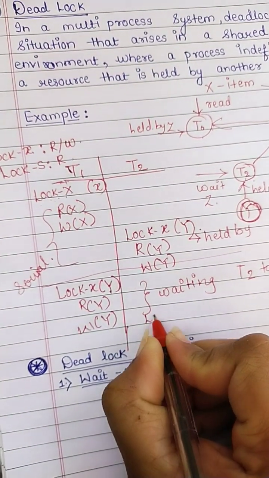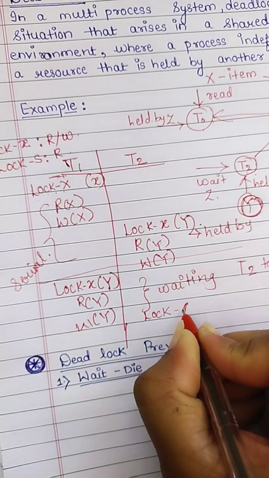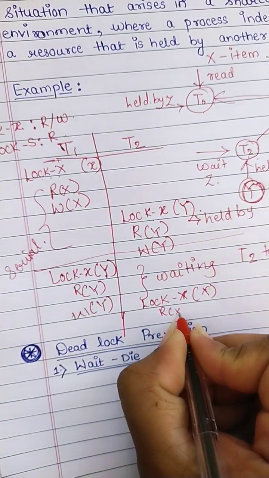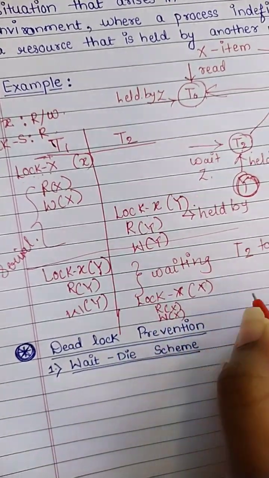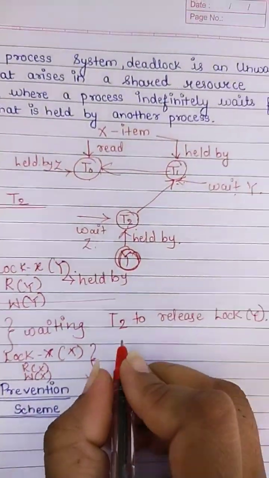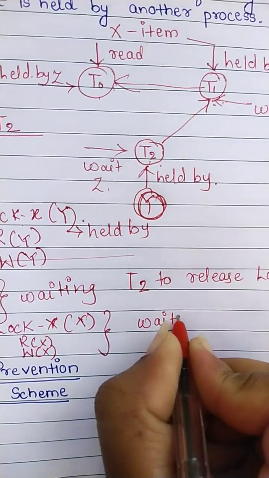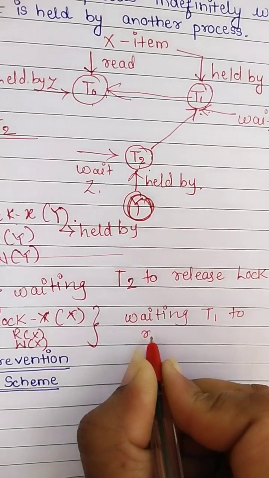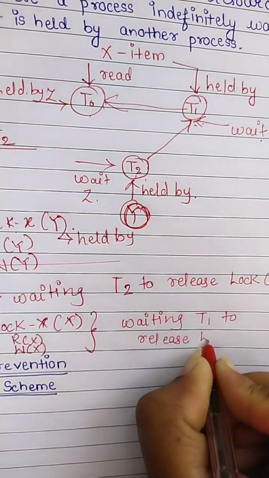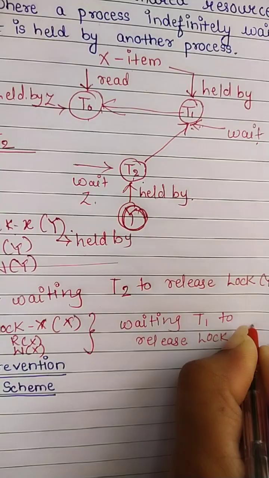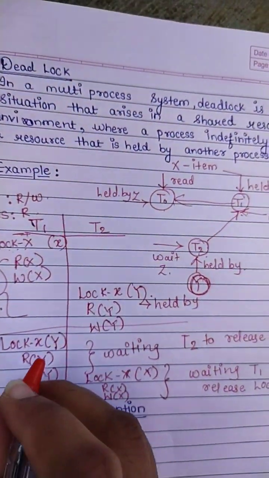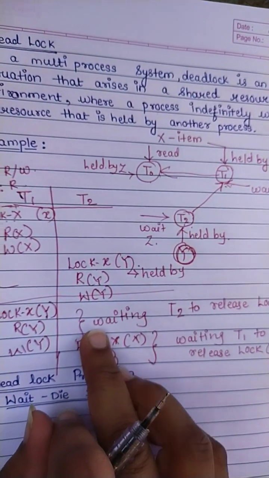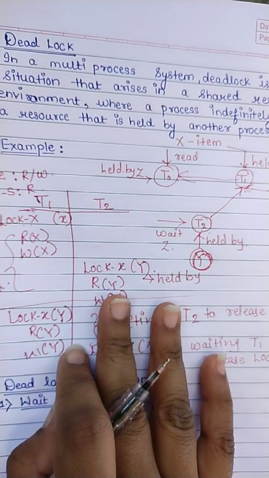Suppose next T2 also wants an exclusive lock on data item X, to read X and write X. Here T2 will wait for the T1 transaction to release the lock on data item X. So this situation is called a deadlock situation.